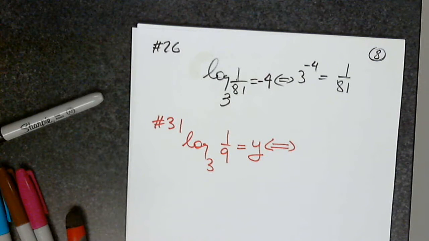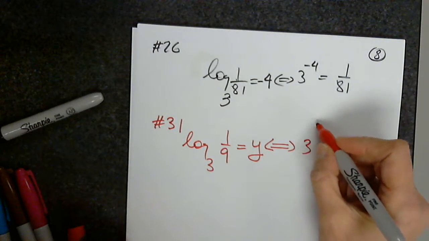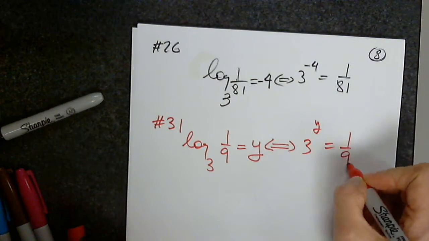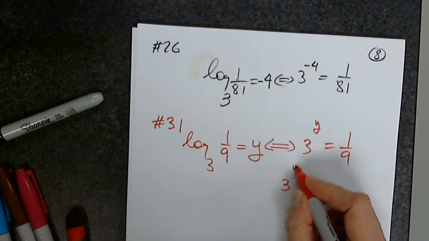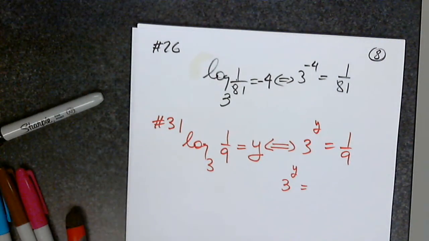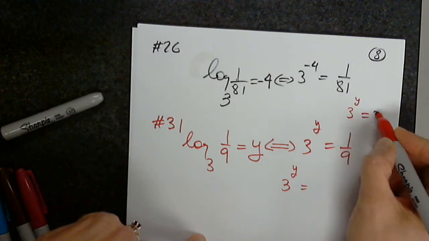So how do I write this? 3 raised to y equals 1 over 9. This is an exponential equation. I need both sides in this class. There are other options. I can have the equation 3 raised to y equals 2.